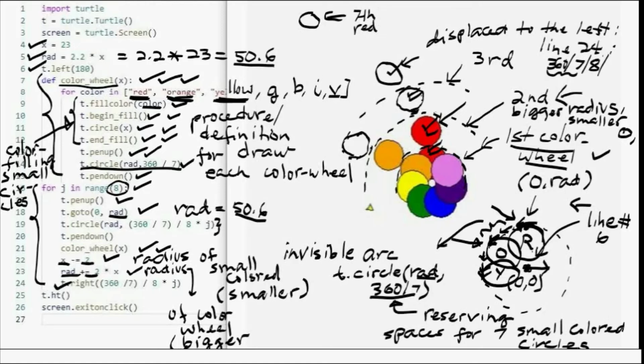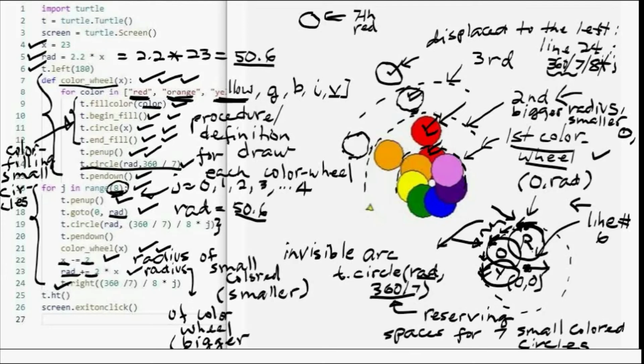And then I want the 8 to be multiplied by j, so that as j increases from 0 to 7, remember, if the range is 8, our j is equal to 0, 1, 2, 3. Okay. As we repeat this procedure 8 times, as we go over the loop here 8 times, the j here changes.